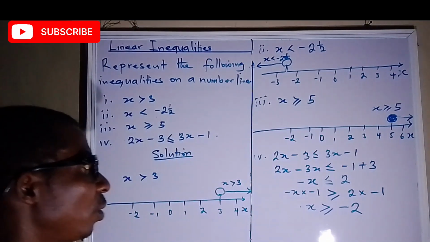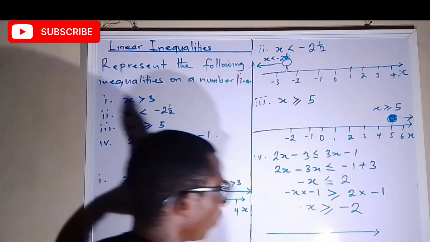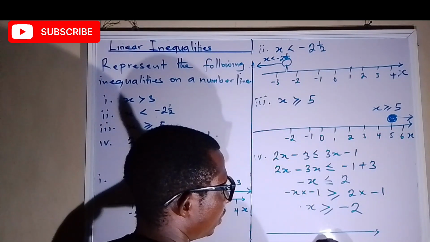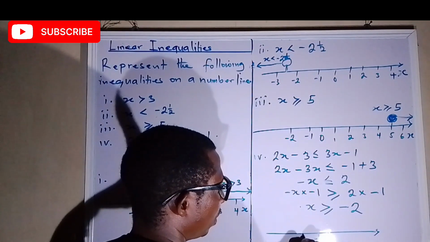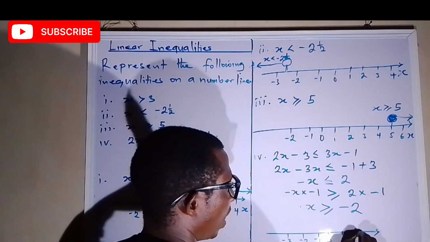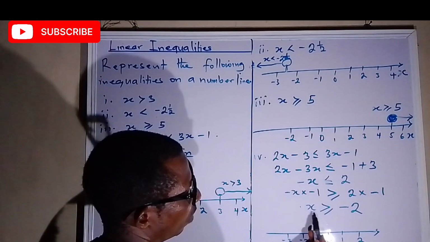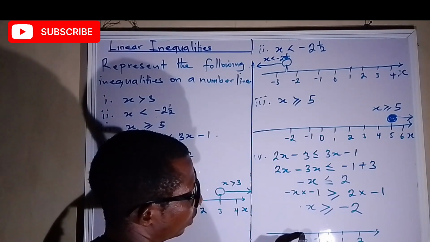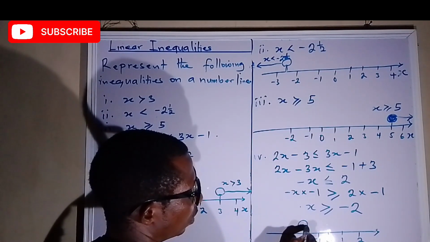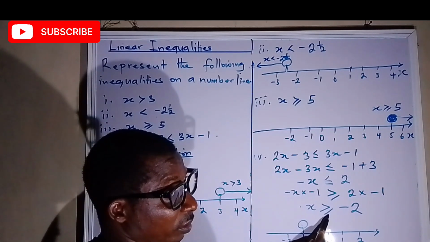Okay, so we can now draw the number line. So we have 0, minus 1, minus 2, minus 3, 1, 2. Alright, so minus 2 is here, so you bring it up. We are going to shade this place because of the equality.